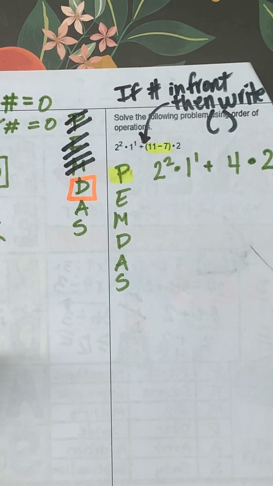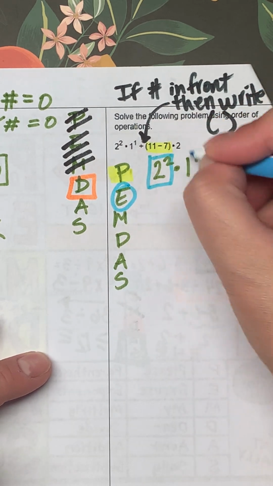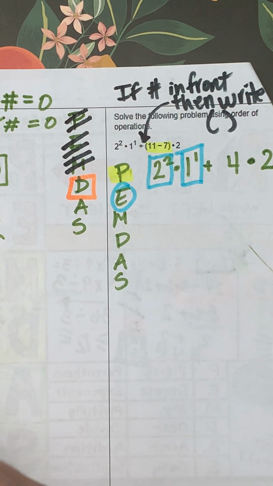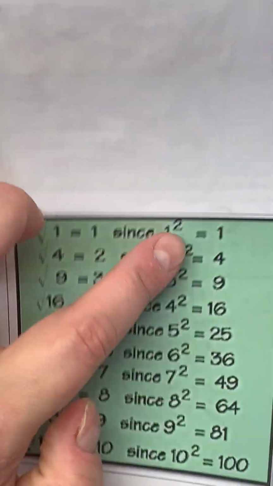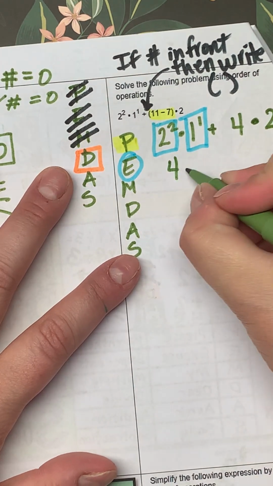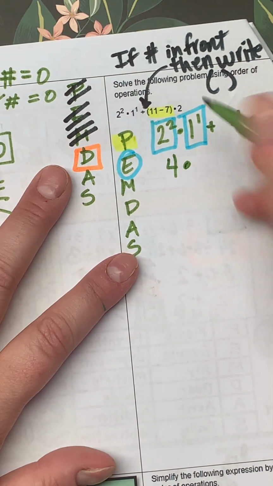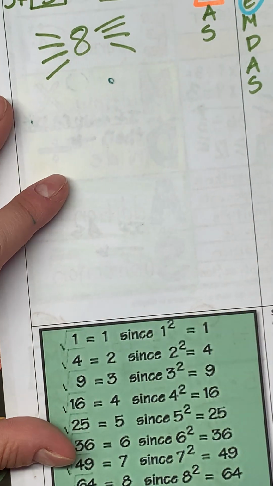Okay, now we got some exponents. Exponents are this 2 squared and this 1 to the 1. Well, 2 squared is 4 because it's 2 times 2. Okay, 1 to the 1, anything to the 1 power is just whatever you got.